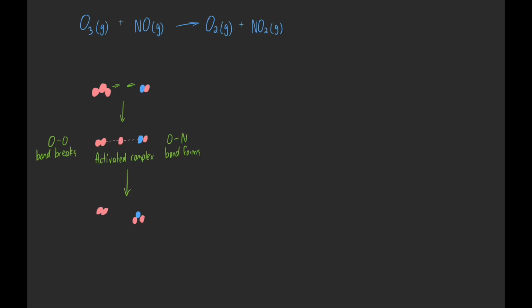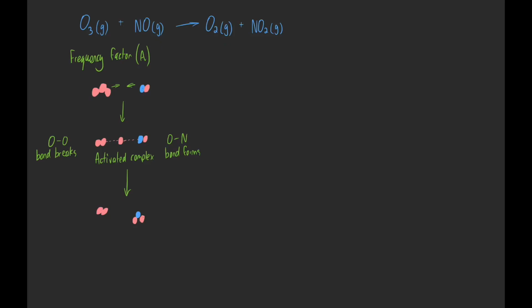And the probability that this would be the orientation of the collision is going to be something which is wrapped up in our frequency factor. So the fewer orientations of the molecules that will lead to a reaction, the smaller the value of A, the lower the frequency factor, and the slower the reaction will be.